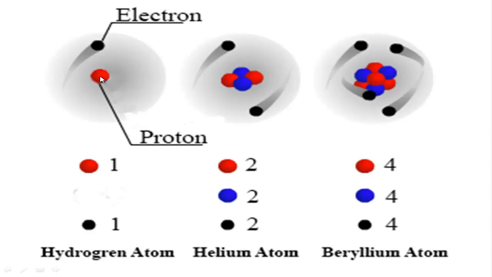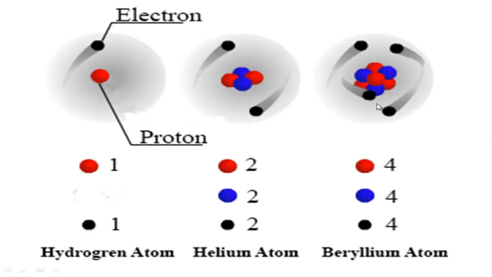So at the center one proton of hydrogen is present, and around the outside of the nucleus only one electron is present. But in the case of the helium atom, there are two protons and two neutrons, and two electrons are present. And in the case of the beryllium atom, there are four electrons, also four protons, but the neutron number is 3.